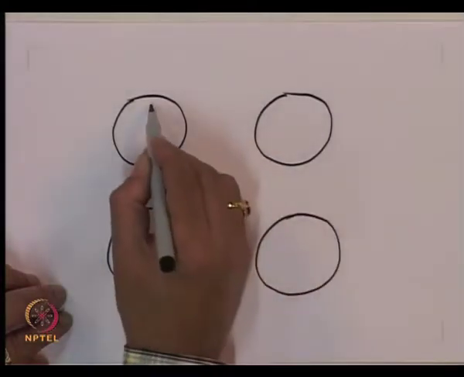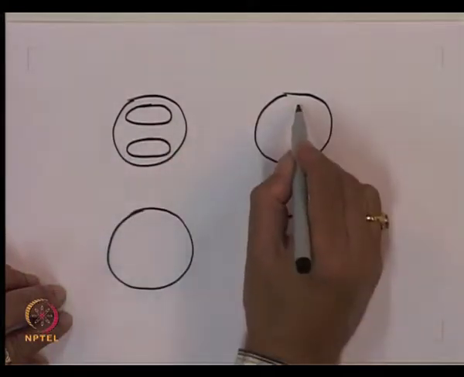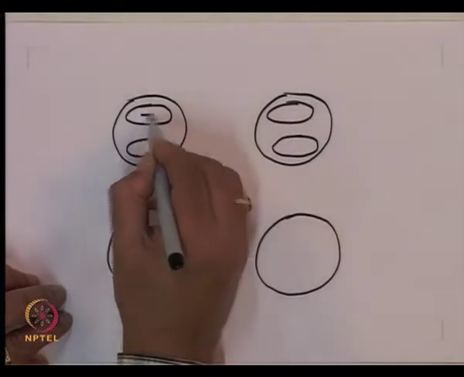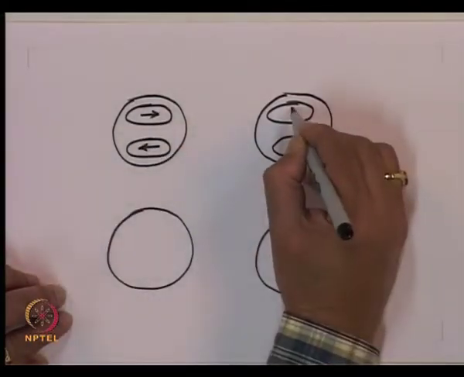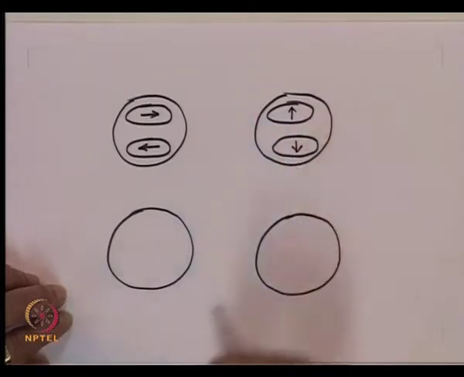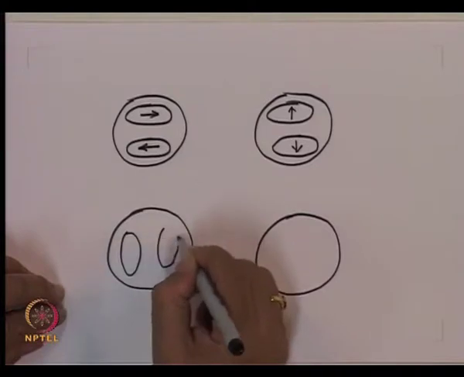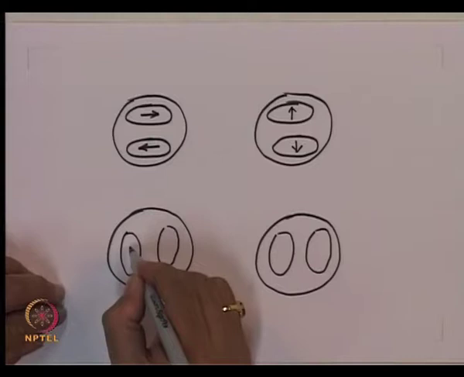One is I can have the intensity blobs which are like that, and the field could be this way and this way, or it could be this way and this way. Other possibility is the 90 degree rotation of the coordinate axis, which would be like this.